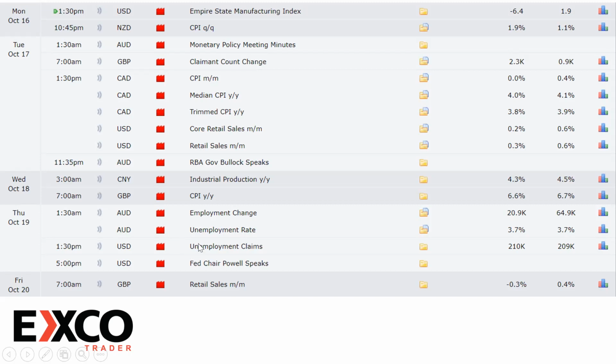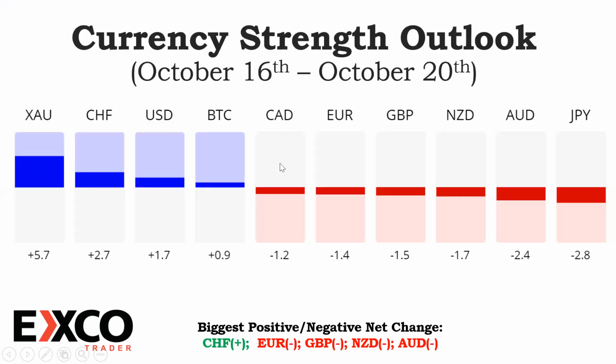Then we have unemployment claims on Thursday, and the Fed chair Powell speaking the same Thursday. So this is the main major data we should be looking out for and plan into our trades on the days that this data will be coming out. As I said, I don't believe this will affect so much the trajectory of our outlook on the pairs we hope to trade this week. So let me walk you through it.